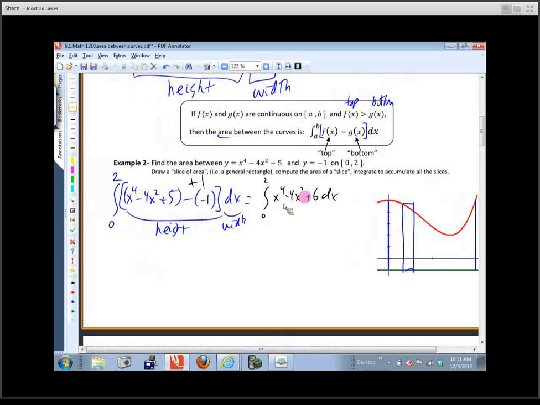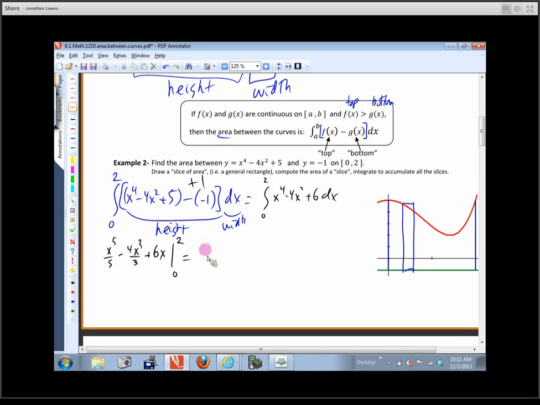So we're going to integrate this, so we'll find an antiderivative. That's going to be x to the 5th over 5 minus 4x to the 3rd over 3 plus 6x, and we'll evaluate from 0 to 2. Good there? The nice thing is we've got an x in each one of these, and we're plugging in a 0 for the lower limit.